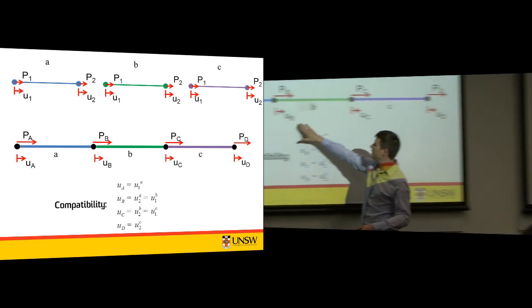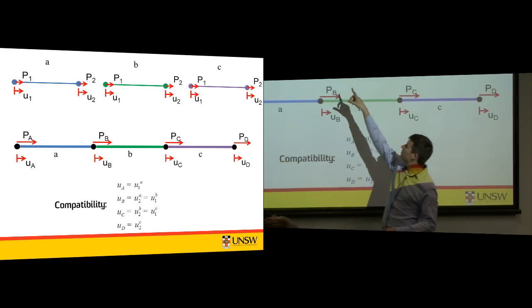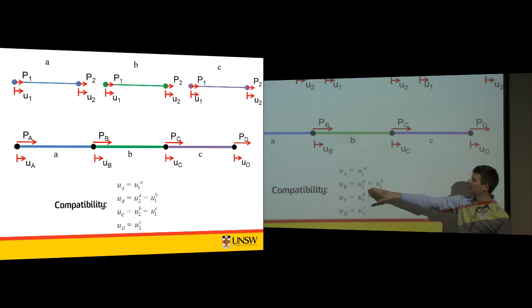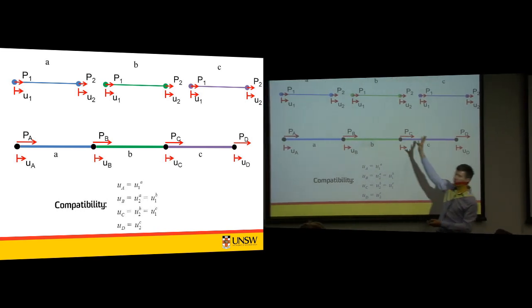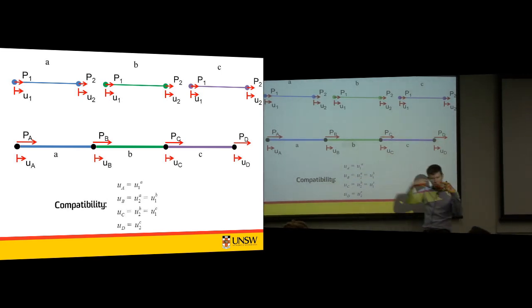And displacement capital B must be the displacement of node 2 of A, but it also must be the displacement of node 1 for element B. So we've got compatibility where we're joining the nodes together. And node capital D over here only interacts with element C. Sorry, the letters are complicated.